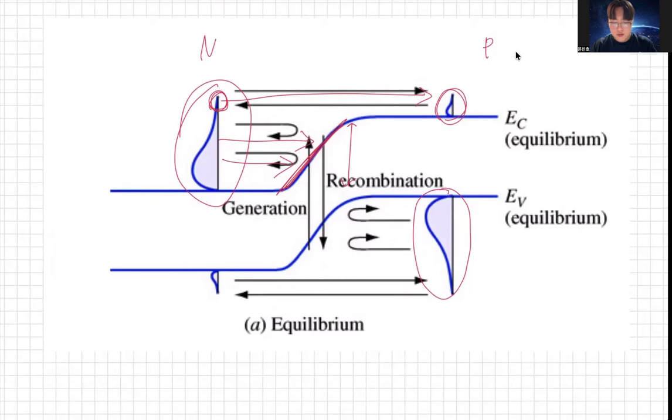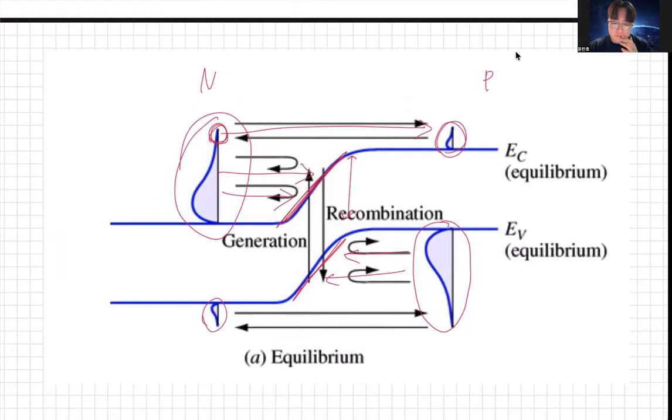And also about the hole, here is some barrier, so the hole can't move to the inside. On the inside, there is also a little hole concentration. You have to know this equilibrium situation diagram, basically.